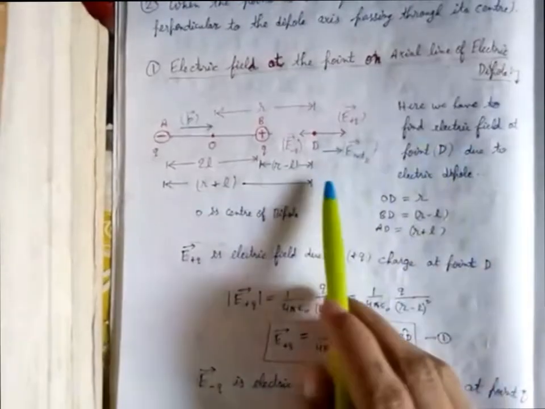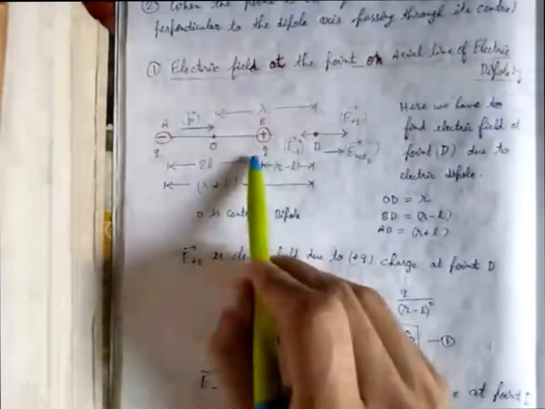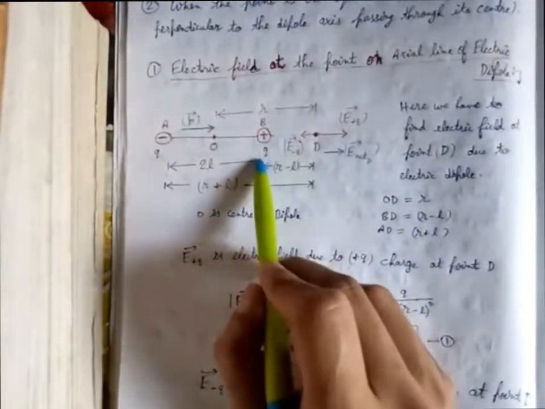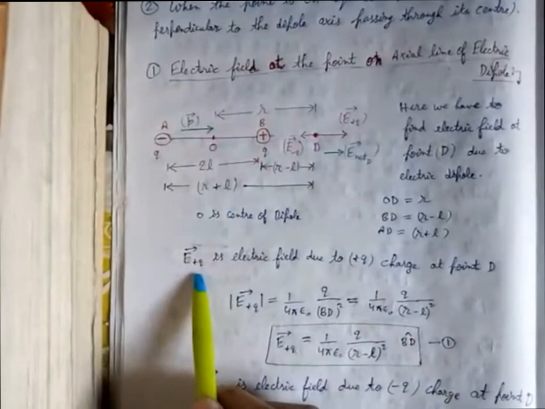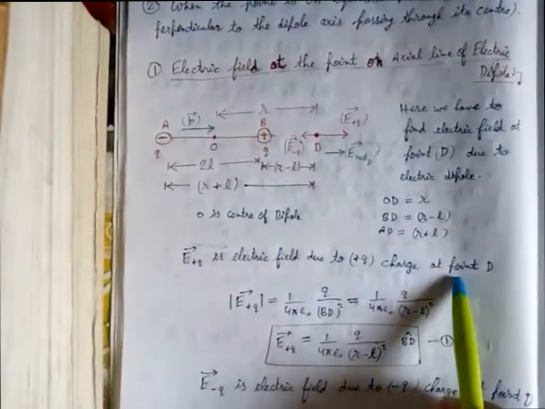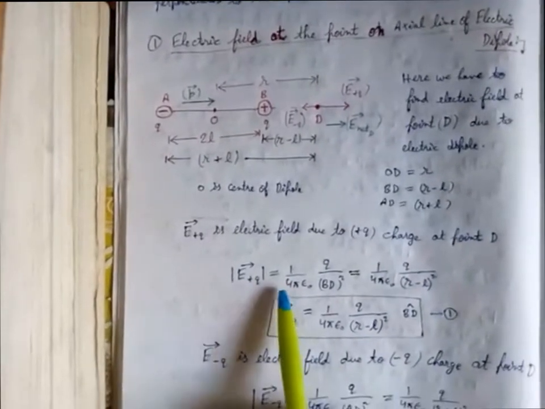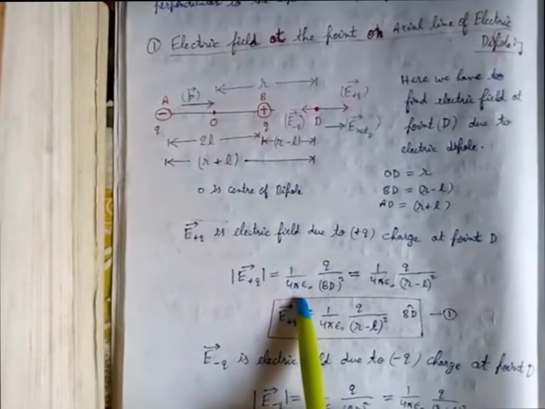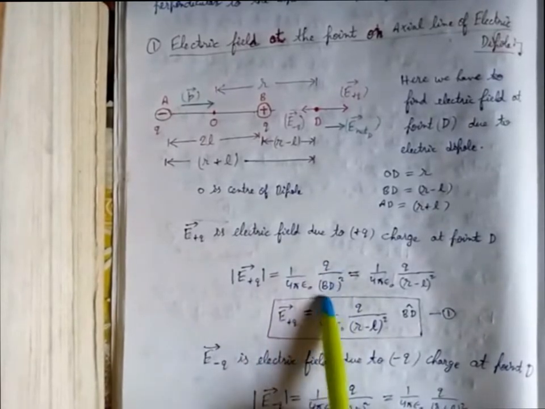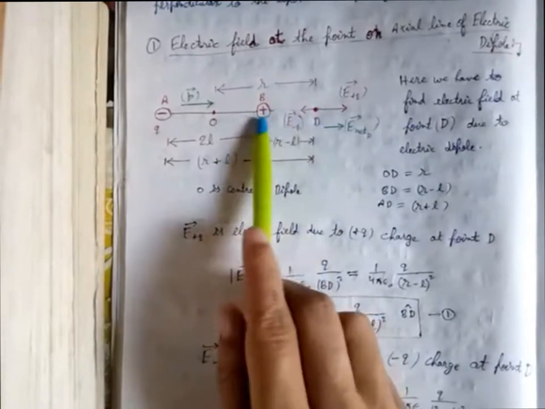Now here, first we have to find the electric field at point D due to this positive charge, plus Q. So E of plus Q, the electric field due to plus Q charge at point D, will be equal to 1 by 4 pi epsilon naught Q by BD whole square, because the distance from this charge to this point is BD.